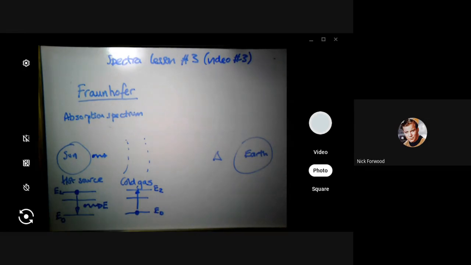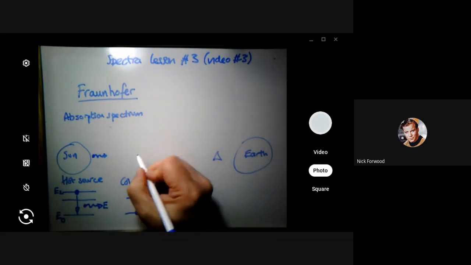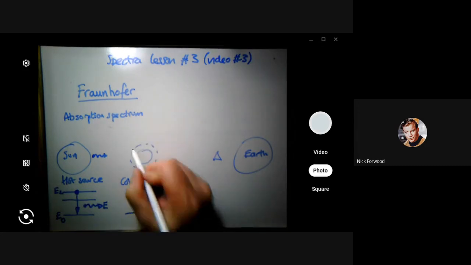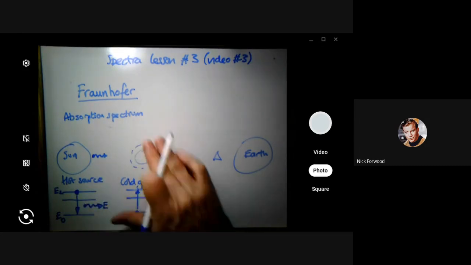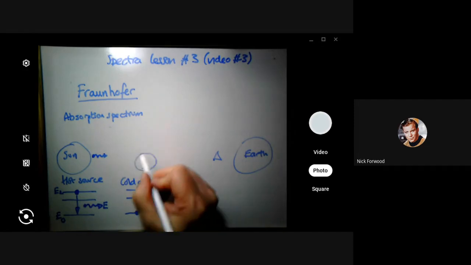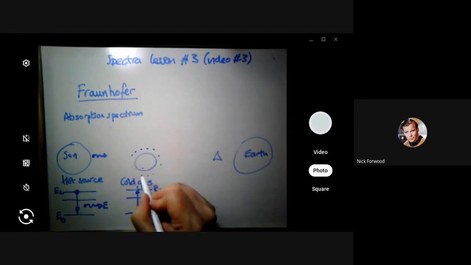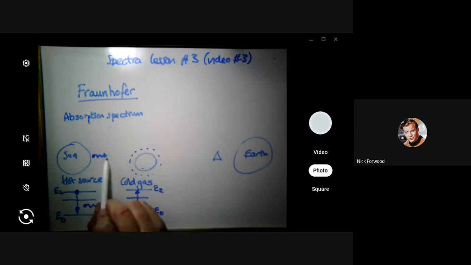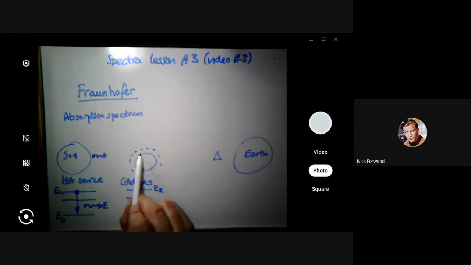Furthermore, as you'll see in one of the videos, the cold gas might be produced not by the sun itself, but the light might pass through the atmosphere of an alien planet. Okay, I'll just move the planet down a little bit here, and I've got the atmosphere, the cold gas on an alien planet, and that photon of light is going to pass through here.